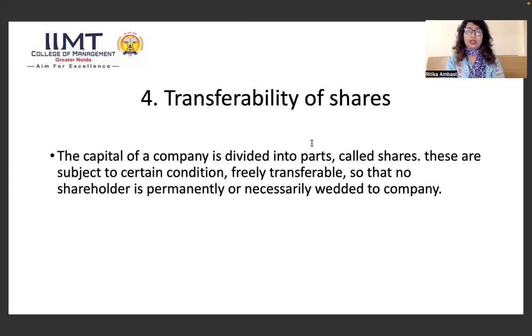The next characteristic is the transferability of shares. As the name suggests, it shows the transferability of what? Shares.